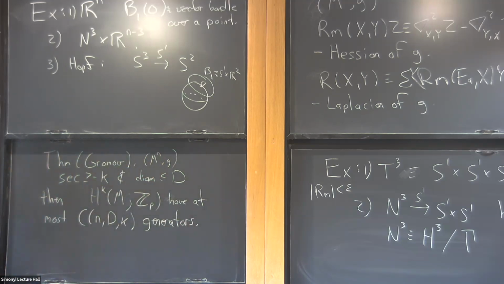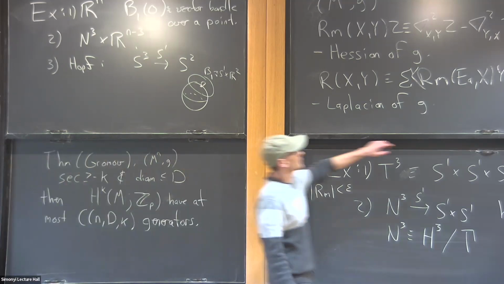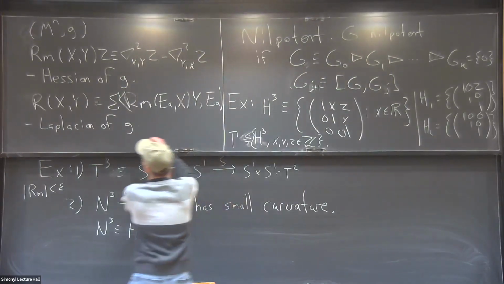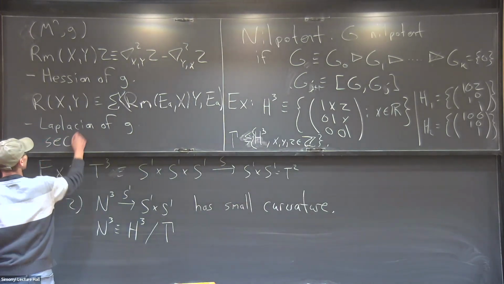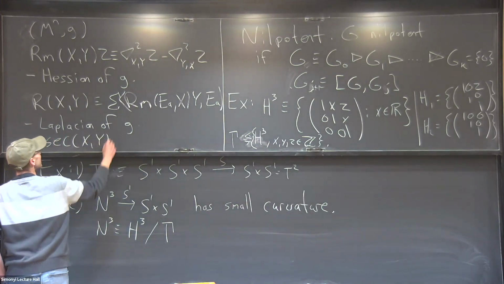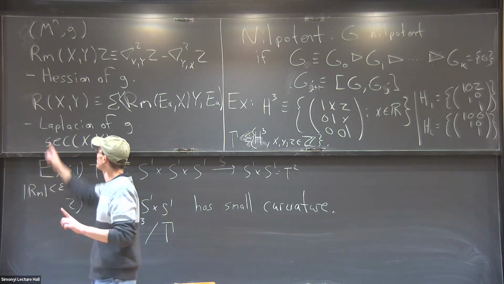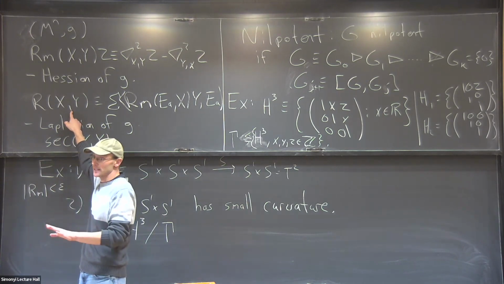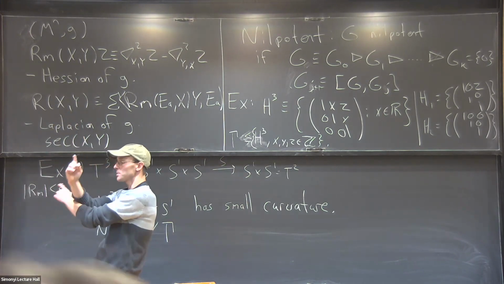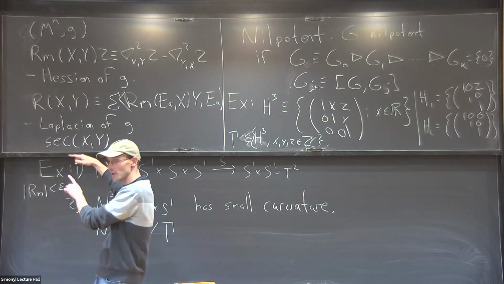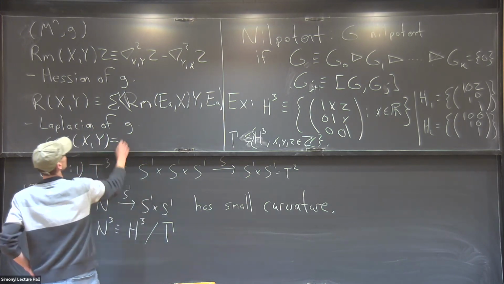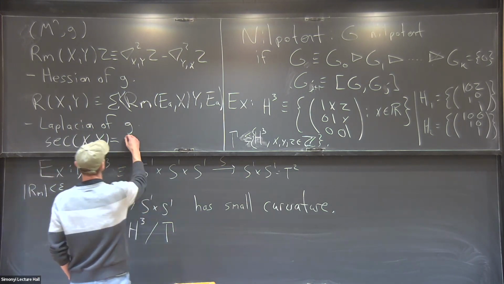Can you define sectional curvature? Yeah. So if you come over here, sectional curvature of X, Y is almost equivalent to Riemann curvature, though it doesn't look it. It's basically looking at certain two-plane directions of it, but they recover each other. So it's just about how information is being phrased.